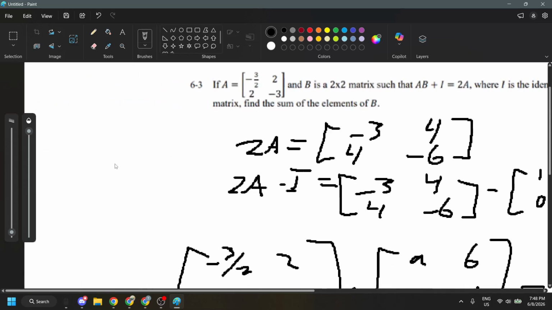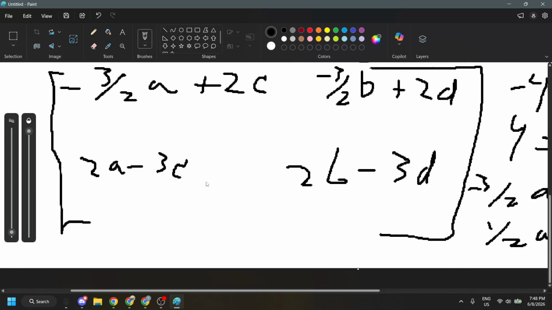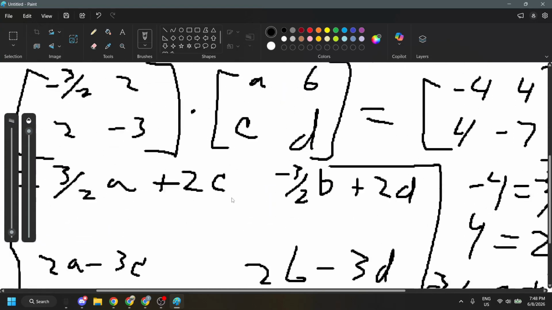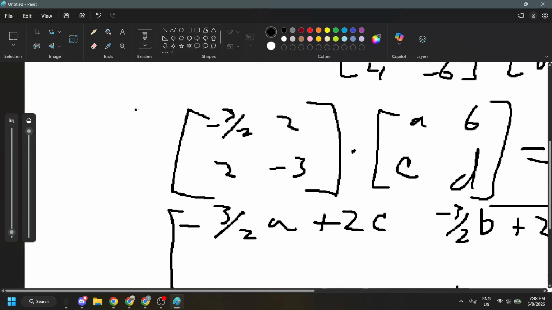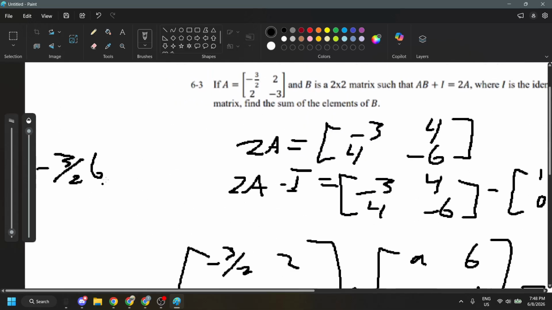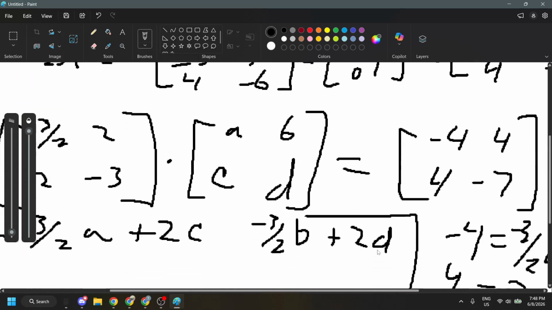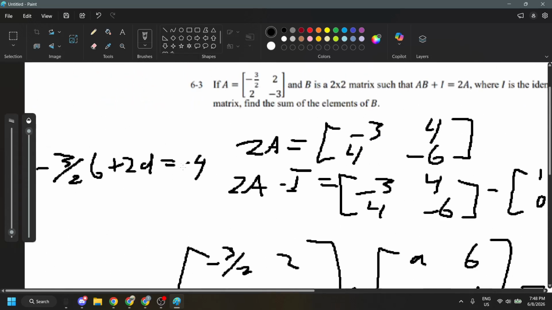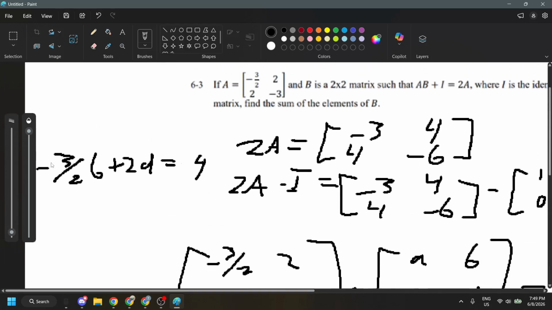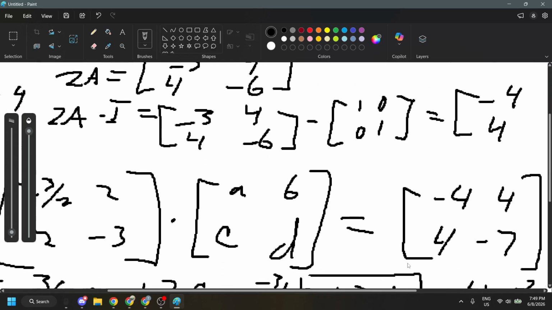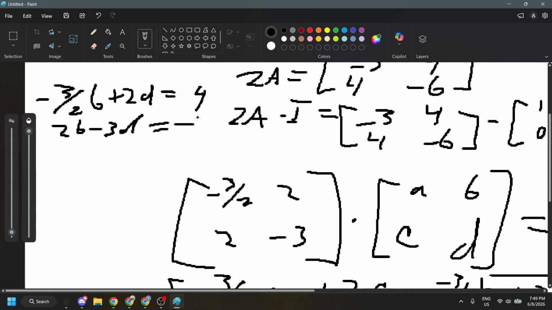Okay, now we need to find b and d. So negative 3 over 2b plus 2d is equal to positive 4, and 2b minus 3d is equal to negative 7.